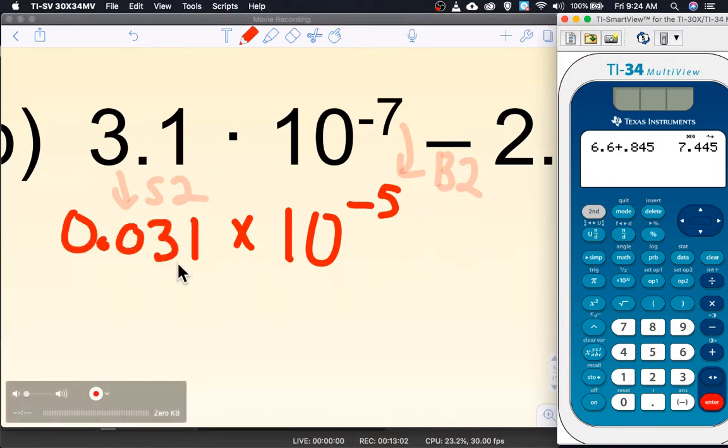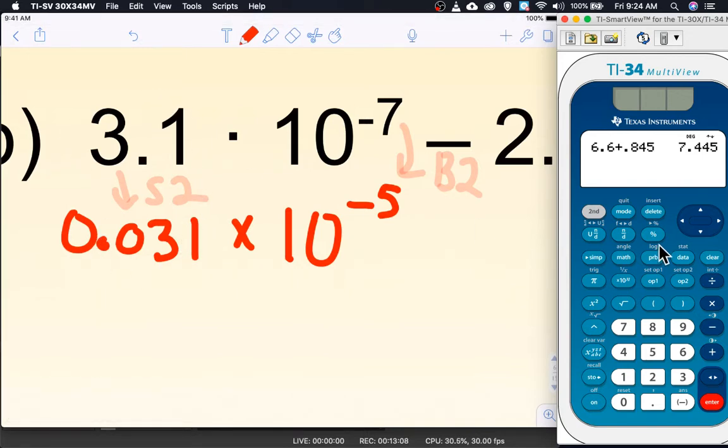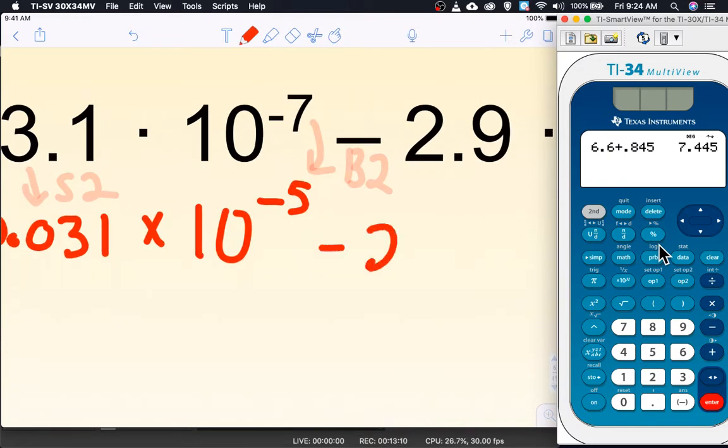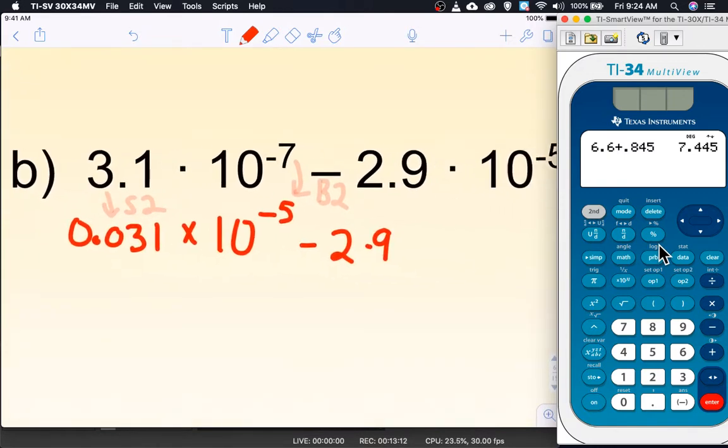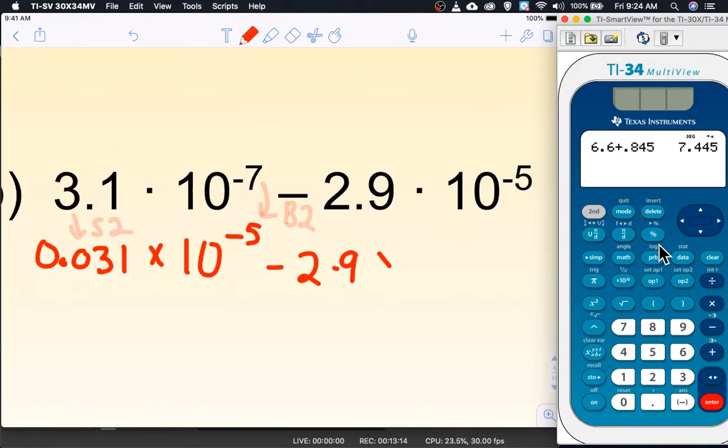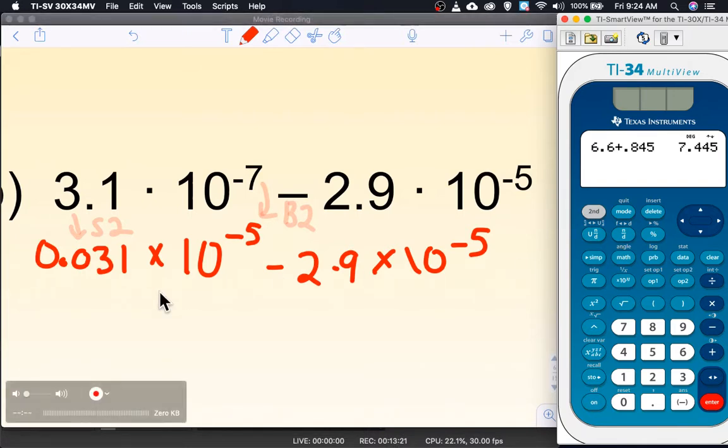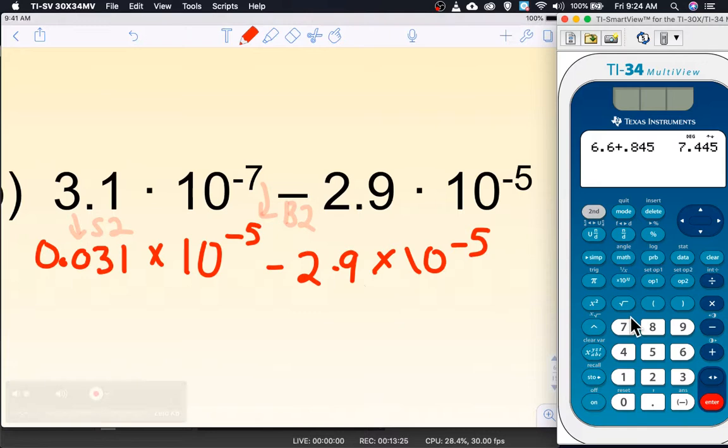My decimal went 2 places, and I think we can agree that this decimal is smaller than that decimal. And now I'm ready to subtract. 0.031 minus 2.9 is going to give me a negative answer, and I know my power of 10 will stay the same.